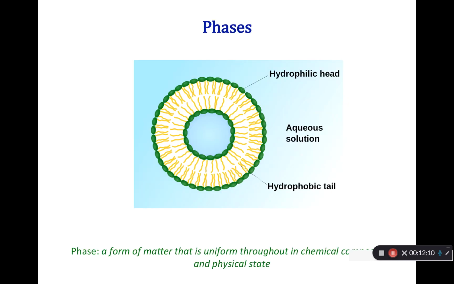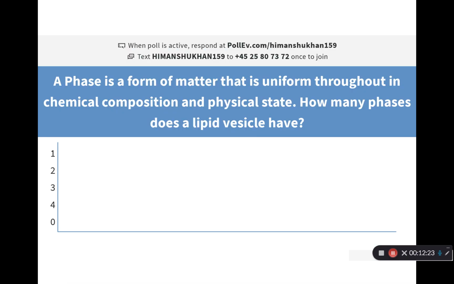Here is another example, a lipid vesicle, which consists of a lipid bilayer which closes upon itself. There is water inside, there is a lipid bilayer outside, and the question is, how many phases does a lipid vesicle have? Does it have 1, 2, 3, 4, or 0 phases?